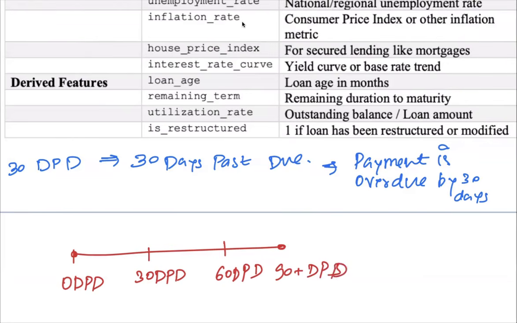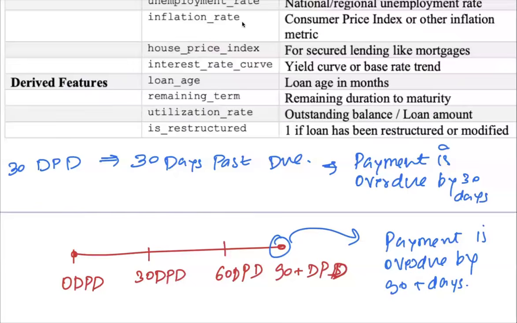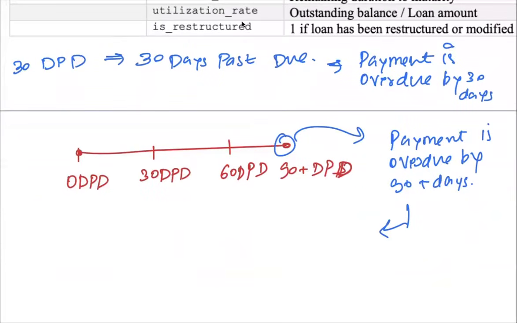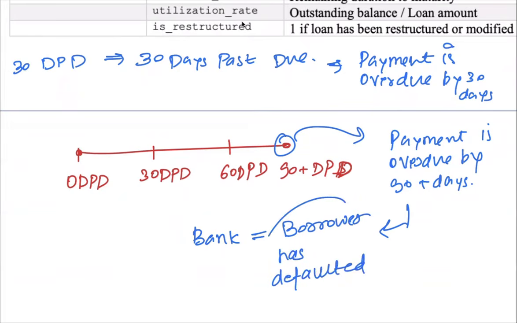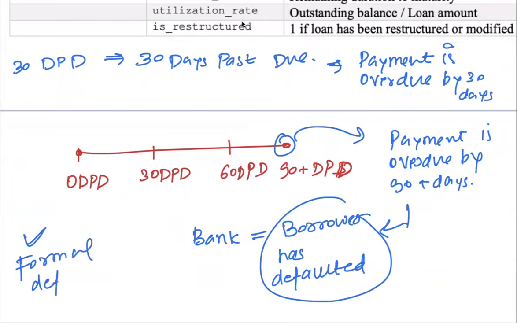If your payment is overdue by 90 plus days, this is when the bank says the borrower has defaulted. This is when the bank says so, and this is also a very formal definition of default.